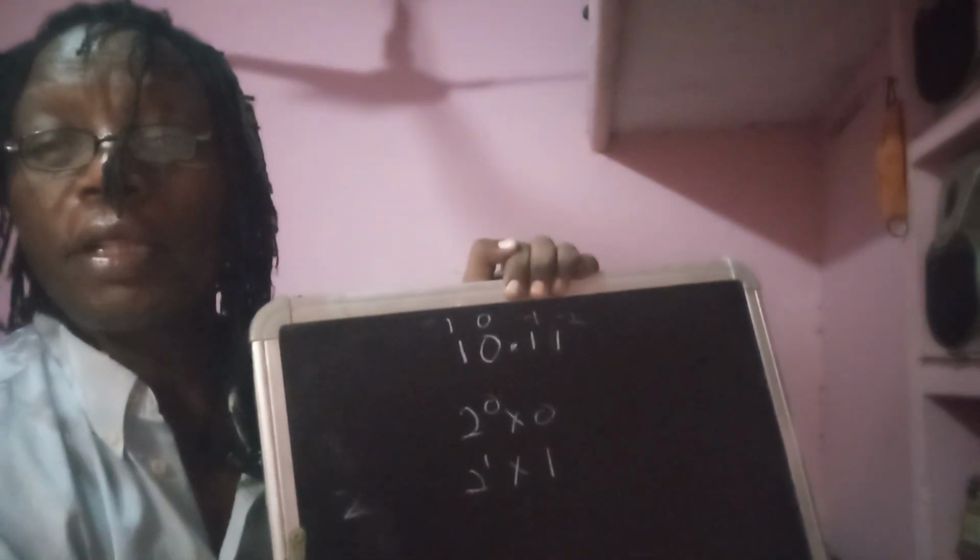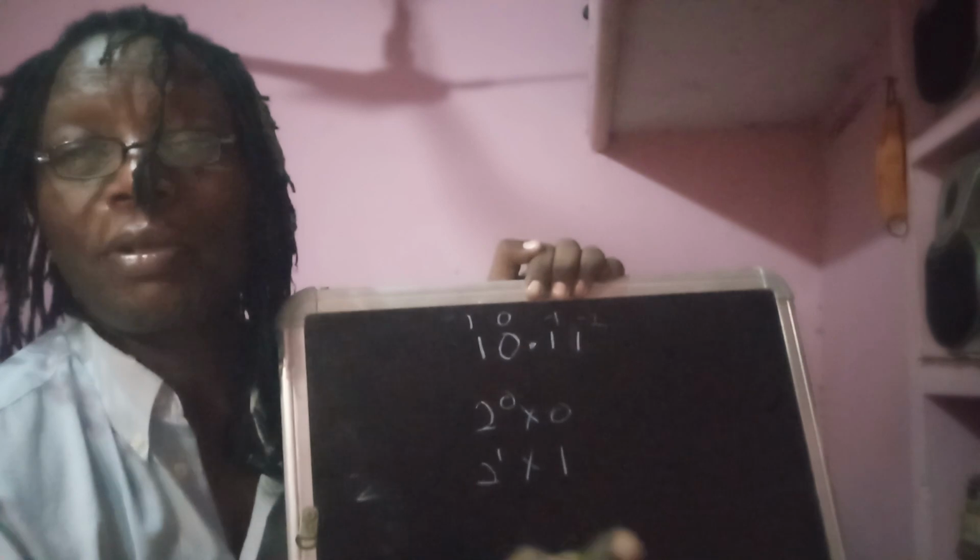There's a decimal here, so let's convert this first. We write 0, 1. And then here we write -1, -2. Right? So we do the same thing. 2 raised to 0 times 0. 2 raised to 1 times 1. So here we are converting. I've given the simplest number so that you can follow.